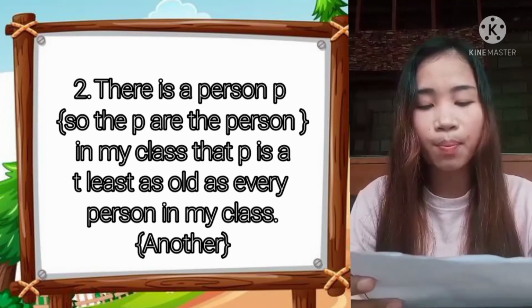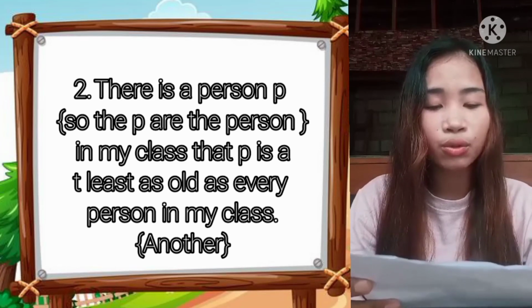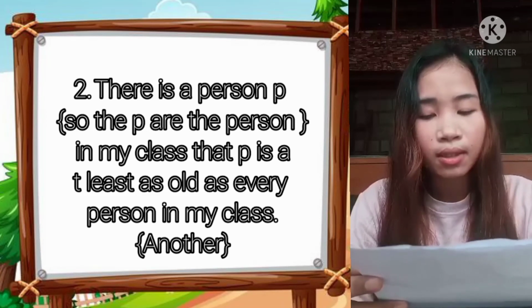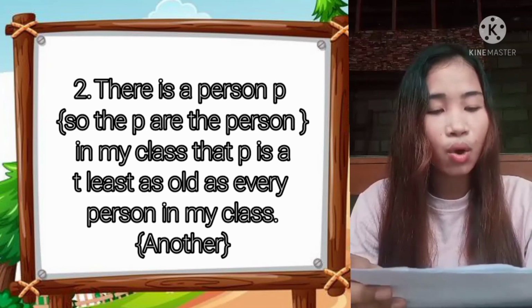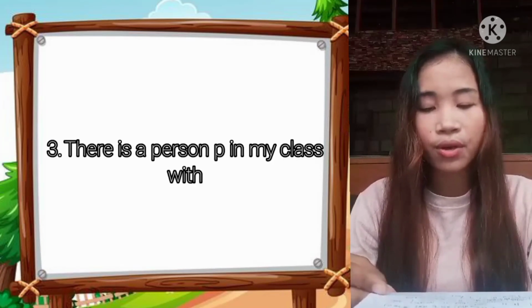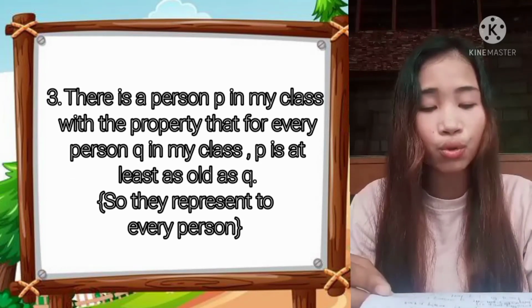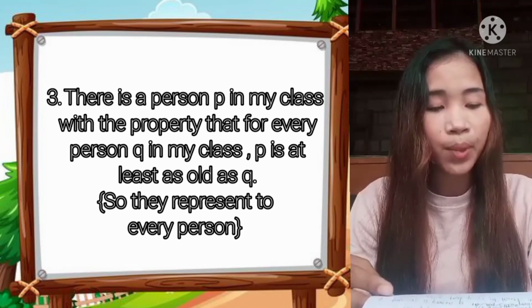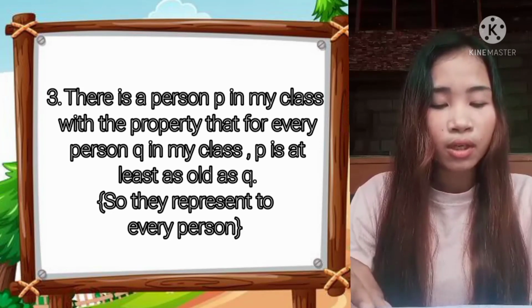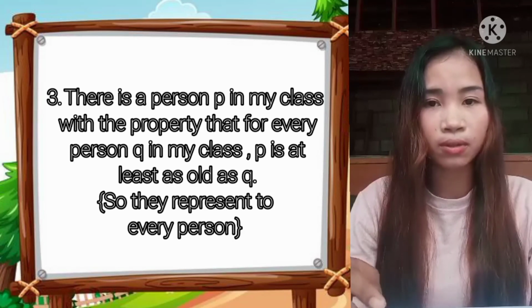Second, there is a person P, so we represent the person with P, in my class, that is at least as old as every person in my class. Another, there is a person P in my class with a property that for every person Q in my class, P is at least as old as Q. So the Q represents every person. Okay?